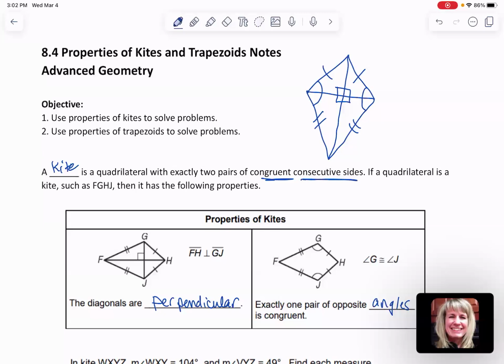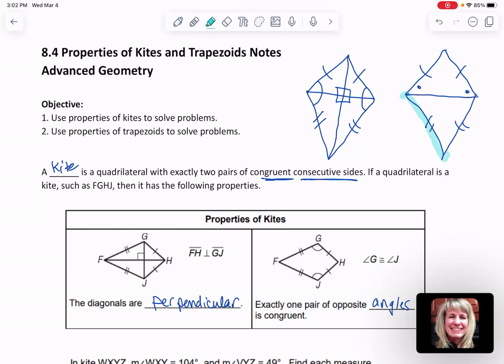So one thing I want you to think about is how, when I drew this a while ago, and let's think about this line drawn right here. I knew this was congruent to this, and this was congruent to this. I've created right here an isosceles triangle. And so in doing that, that would mean that this angle right here is going to be congruent to this angle right here, because those are base angles of an isosceles triangle.